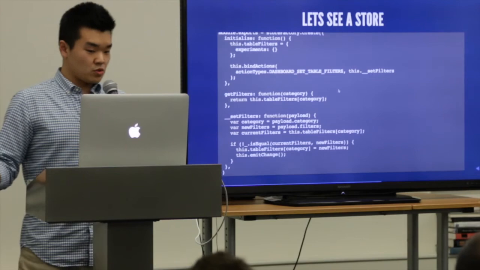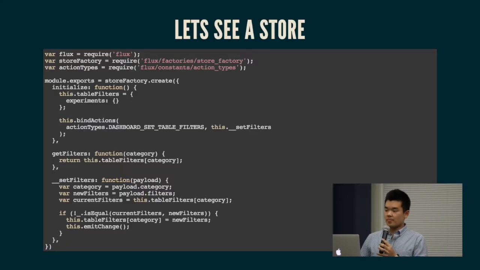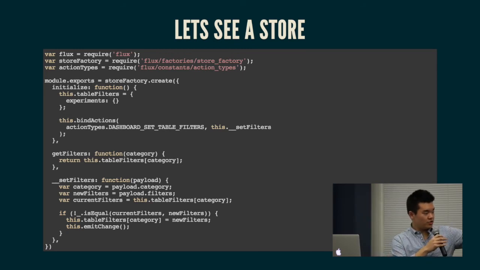So back to our store example, stores subscribe to messages and they have methods on them. That's it. And the methods are for reading only. So in this example, we have this dashboard set table filters action. So that's the type of the action or the message. And then we say, when you see this message, call this set filters function.